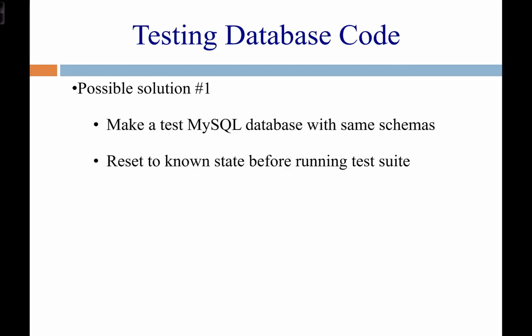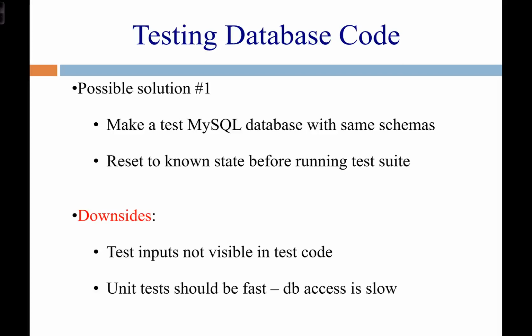And you would have to reset the test database to some known state before running the test suite, because your test suite is going to change the database potentially. Some of the controllers are going to update, delete, or insert rows. So if you run your unit tests again, it has to be back into some initial state so you know what to compare against.